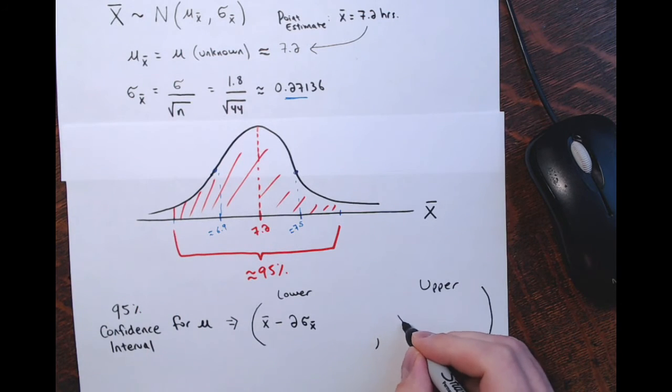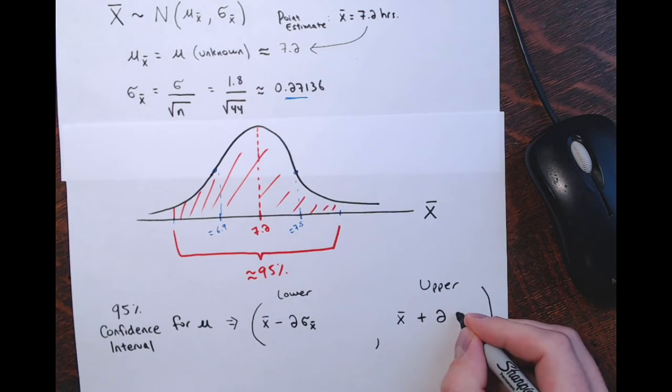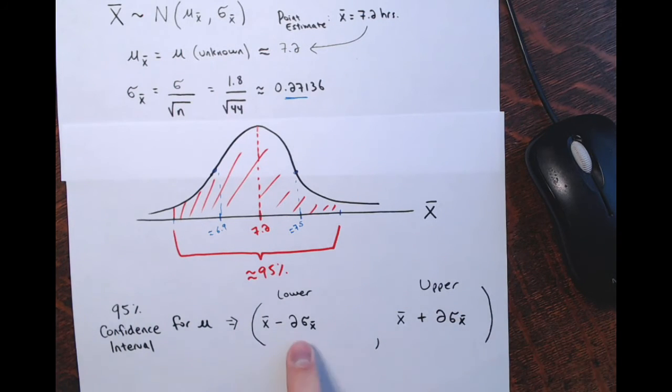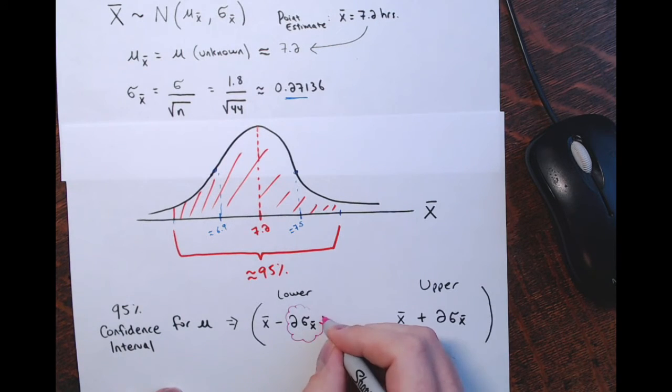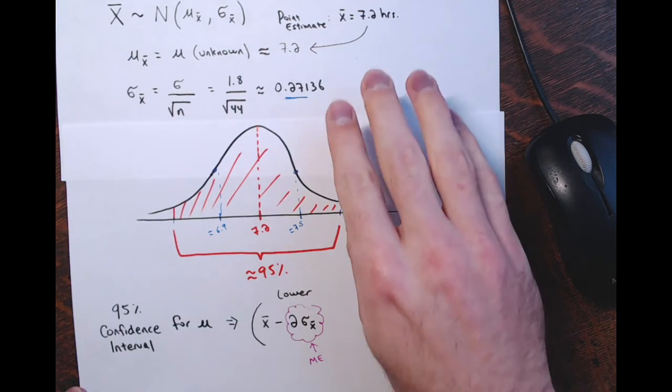And then the upper bound will be our point estimate, the middle, plus 2 standard deviations. This 2 standard deviations here and here, that's what's called our margin of error, ME, margin of error.